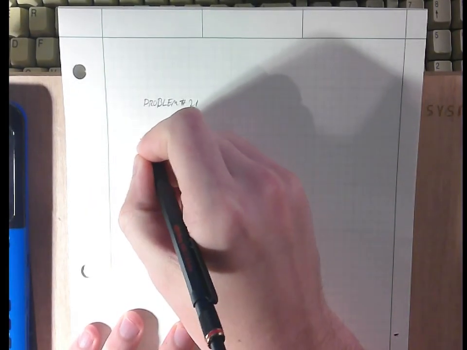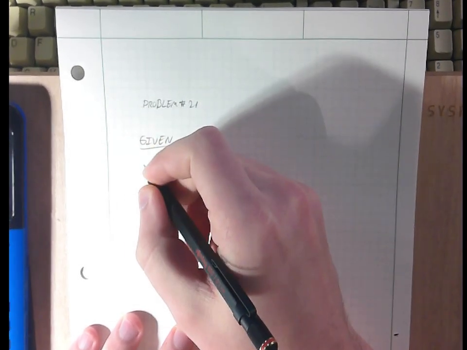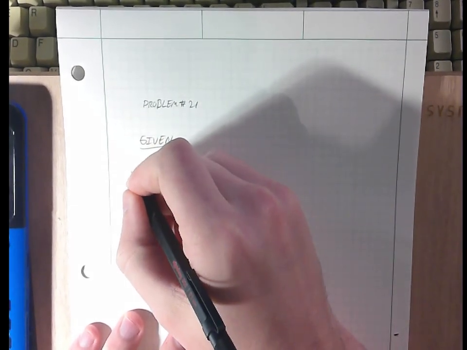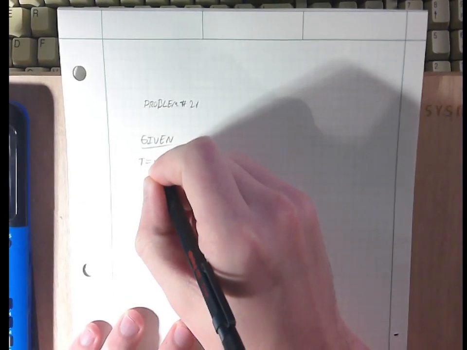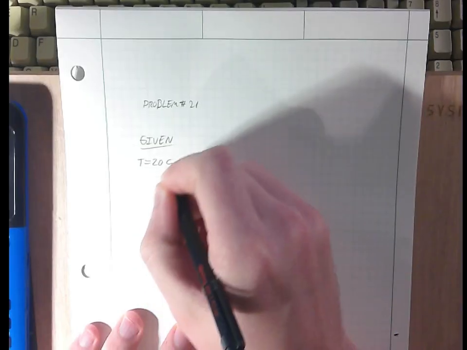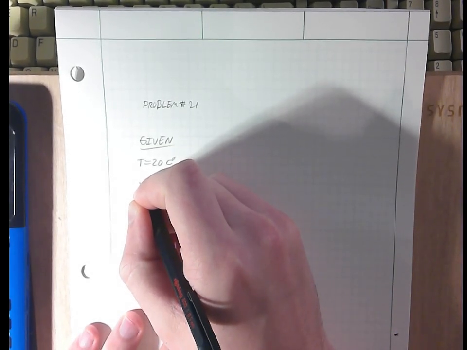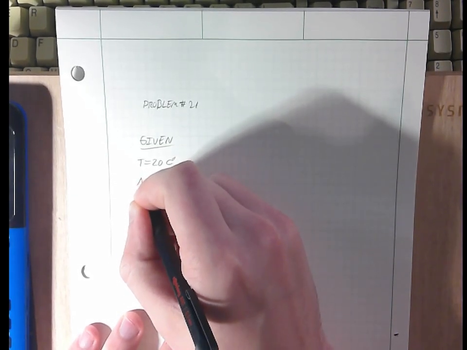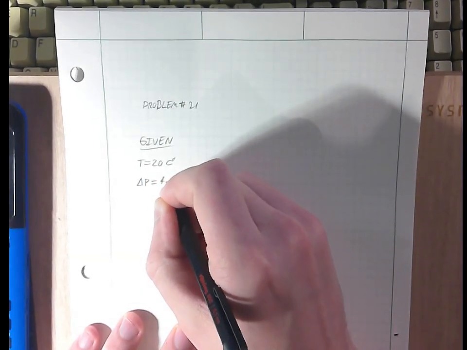And we are given temperature is 20 degrees C. The delta P, pressure increase, is equal to 44 MPa.